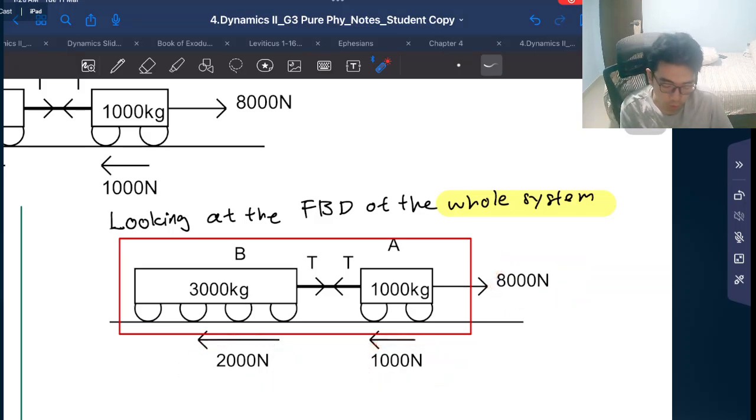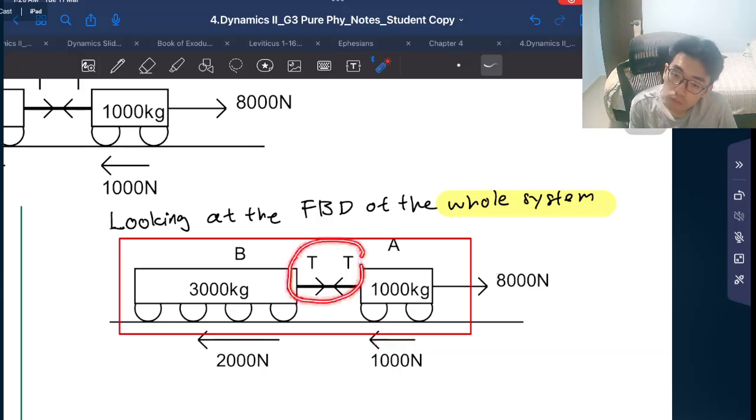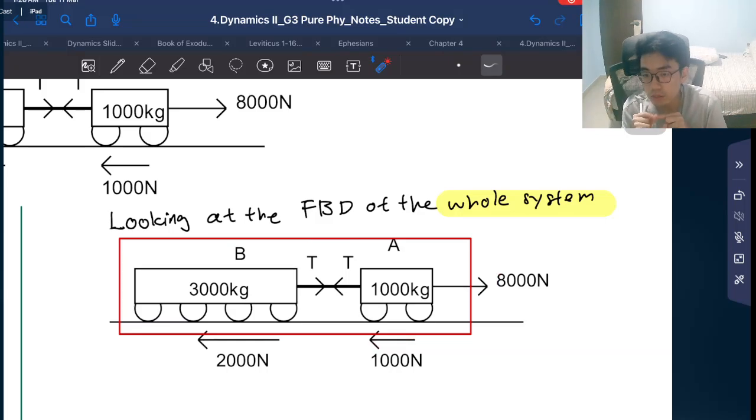Then we will ask, what happens to the T? You realize that the tension is within the system, and because of Newton's third law, the tensions are equal in magnitude, opposite in direction, so the tension within the system balances each other out.